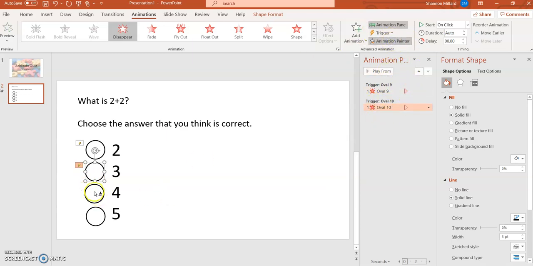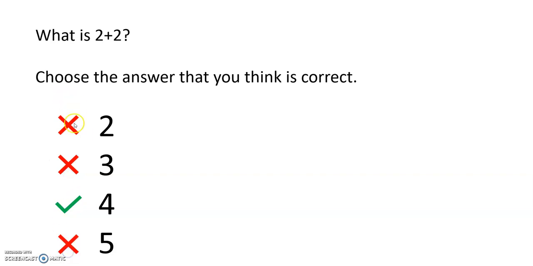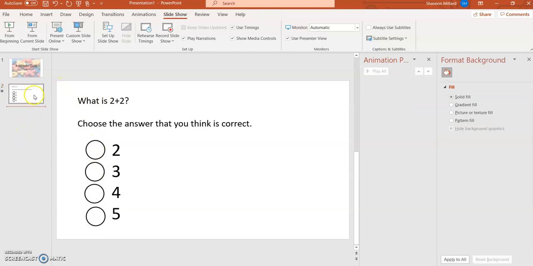I'm going to click the painter again, click the same, and then click the one below it. And now we can see that it's been added for those. And again, if we want to go back and preview into our slideshow, we can test each of these so that if we're a student, they can again click and see which answers are correct versus incorrect. Okay, so that's our first question.